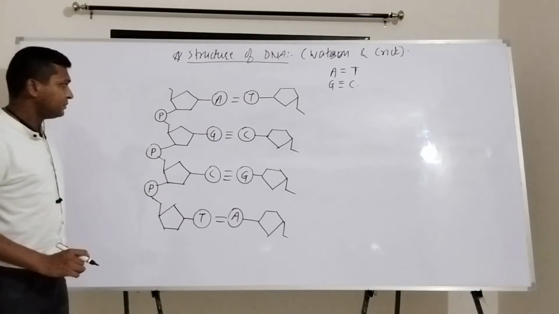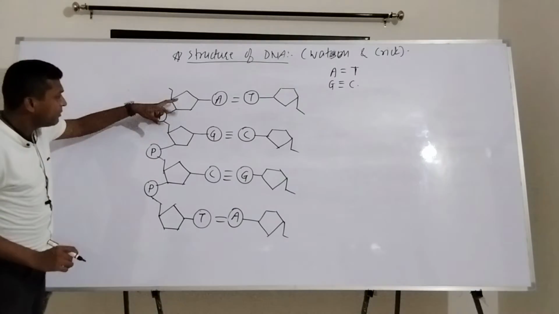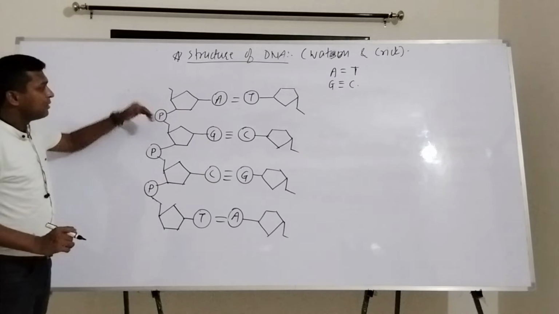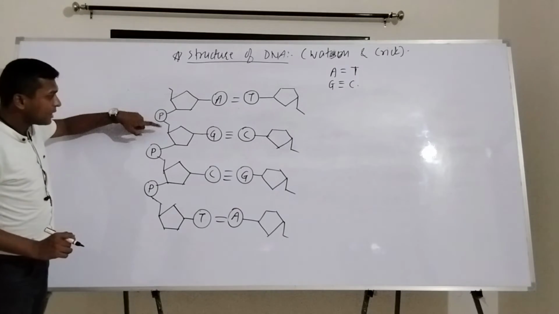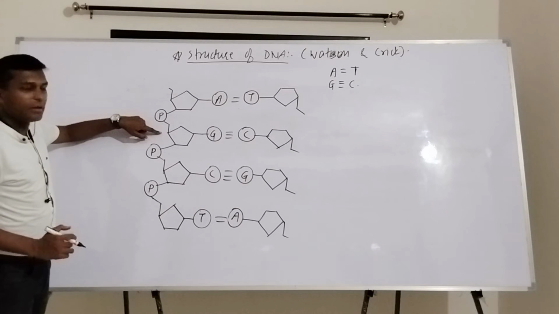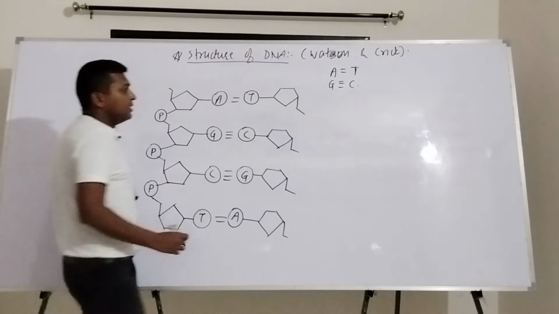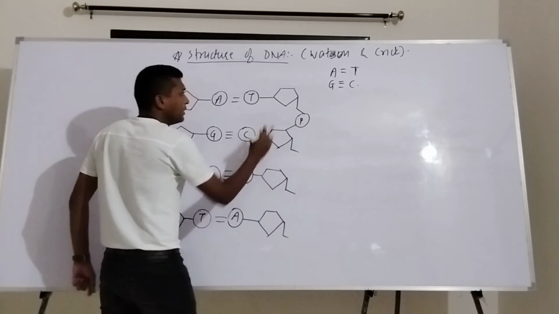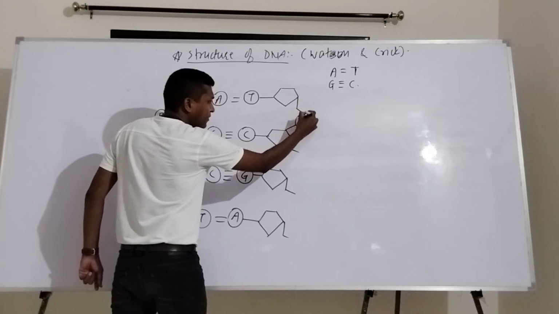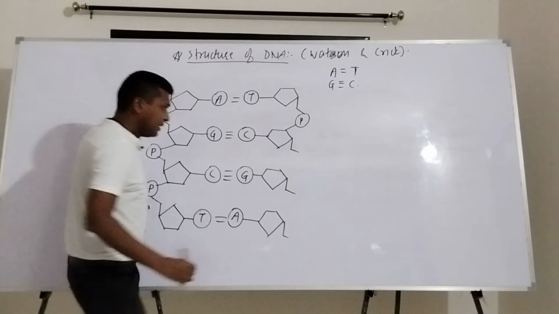Now, as I told you, the phosphate group remains present between two nucleotides, but on one hand it remains attached to carbon atom number 3, and on the other hand to carbon atom number 5. If this holds true, the same will be true here. This phosphate group will remain present between carbon atom number 5 and carbon atom number 3 of two different sugars.